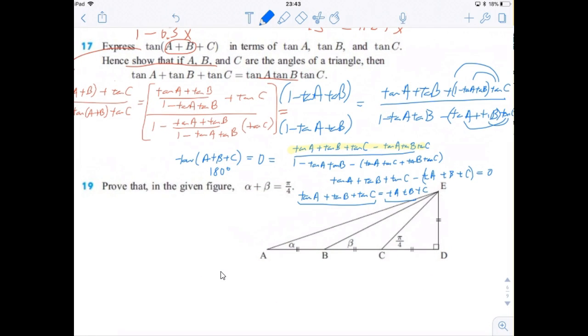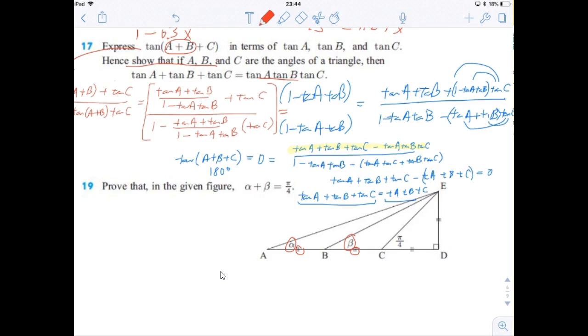What about 19? Prove that in the given figure, alpha plus beta equals pi over 4. Okay, so we have alpha here, and we have beta here, and we have pi over 4 here. And it says that this and this length are all the same length, and this is also the same length, which totally makes sense because if this angle is pi over 4, then of course ED and CD both need to be the same length, right?